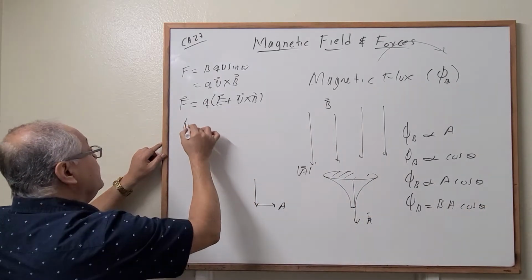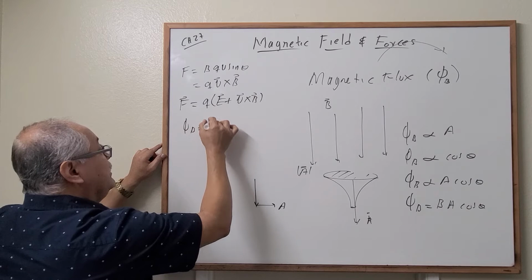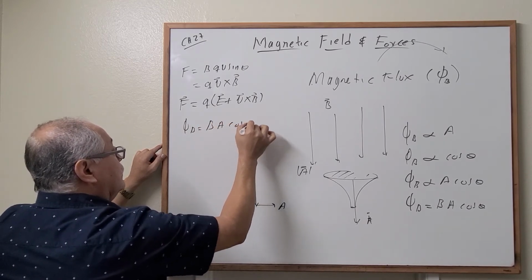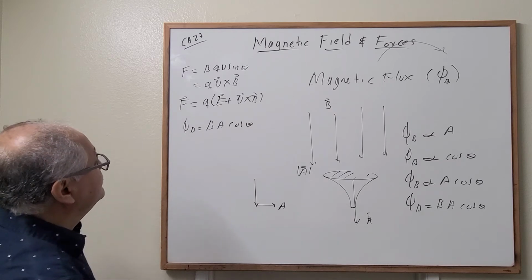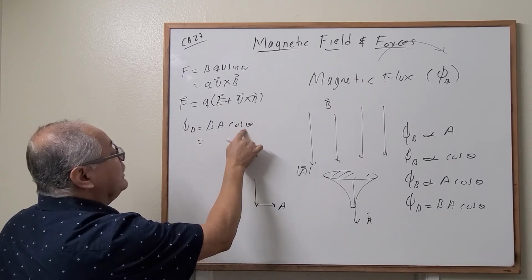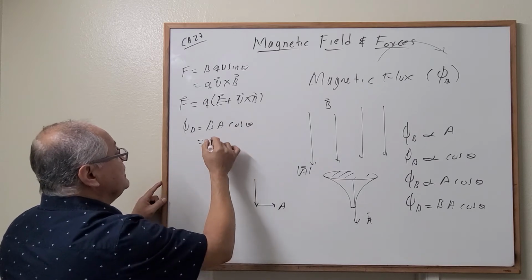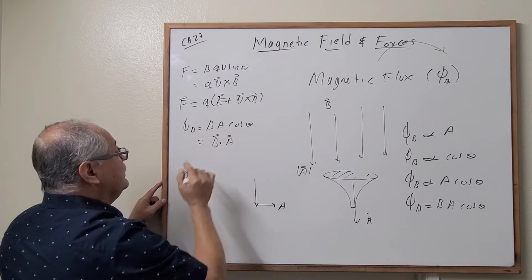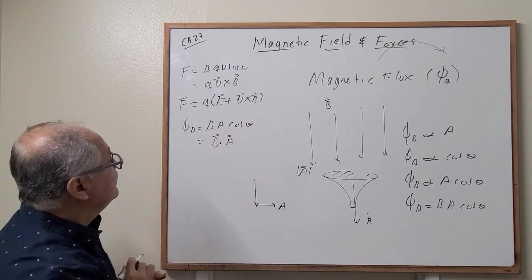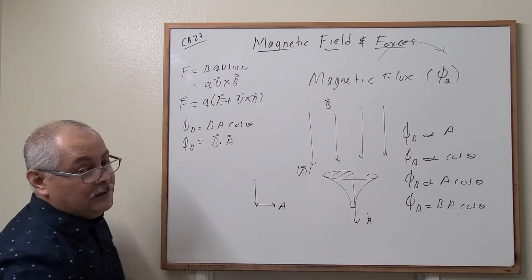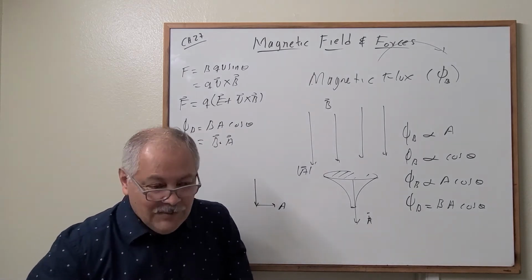Okay, we have another equation right here, and this is for the magnetic flux, B A cosine theta. Also remember, because we have cosine, we represent this as the dot product of vector B and vector A, and that's going to be the same magnetic flux.